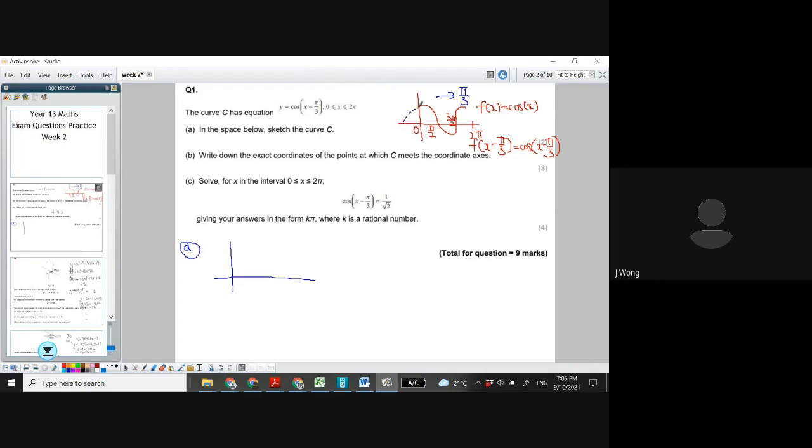So bear in mind that this pattern will just repeat itself. The pattern before this ends at minus pi over 2. So if I draw it from 0 to 2 pi after shifting by pi over 3, I won't start here, I will start somewhere here.